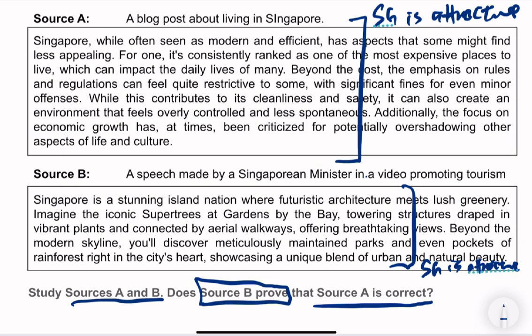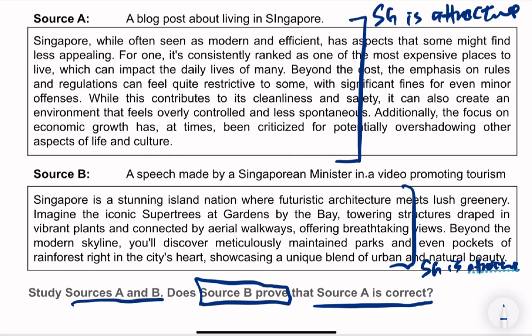Now, based on the comparison, because both sources are saying the same thing, then yes, B actually proves that A is right, based on content. Of course, if we look at cross-referencing, we need to find a source that also tells us that SG is attractive. You cannot cross-refer to A, because A and B are the sources in question.